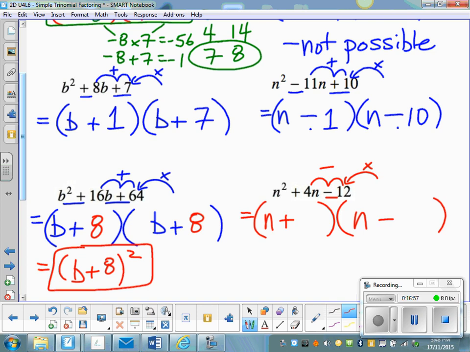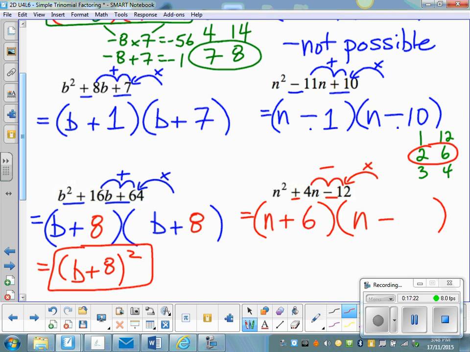So if I look at a list of numbers that multiply to give 12, 1 and 12, 2 and 6, 3 and 4, the two numbers there that have a difference of 4, or subtract to give 4, are 2 and 6. And we need the bigger number to be positive here.